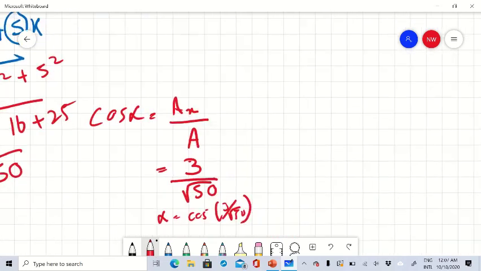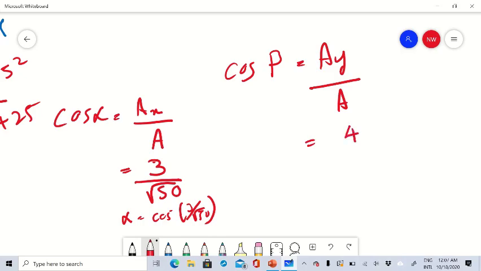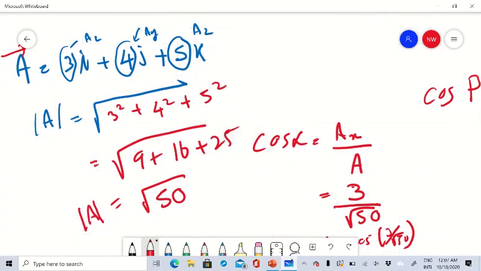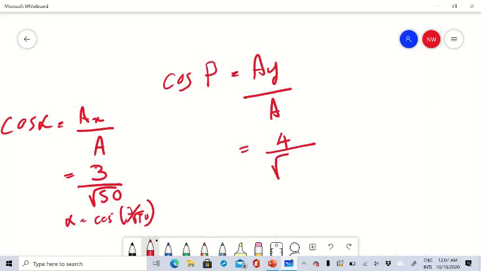In the same way, you can calculate the cos beta, which is equal to ay over a, right? So ay is equal to 4, so cos beta is 4 divided by square root of 50.